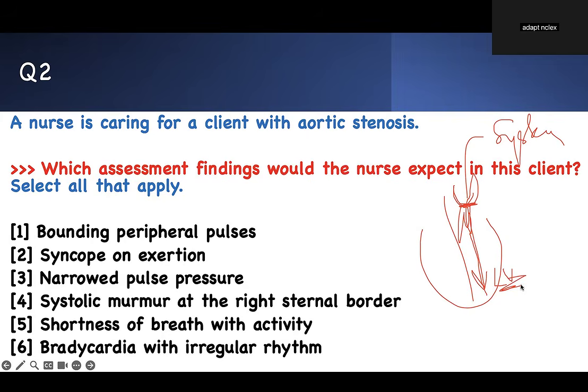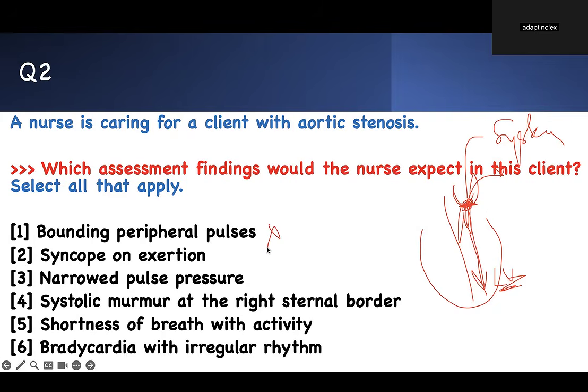There's less blood going to the system. Therefore, if I check your pulse, are you going to have bounding peripheral pulses? No, your pulses are going to get weak because there is less blood passing through the aorta, which is stenosed. So less blood getting into your system. This is wrong.